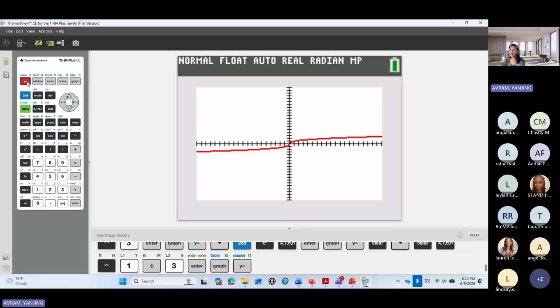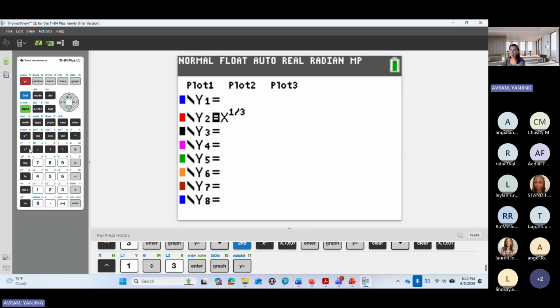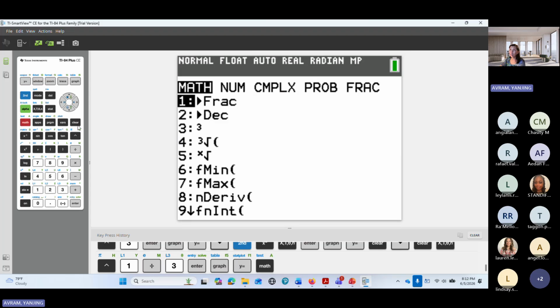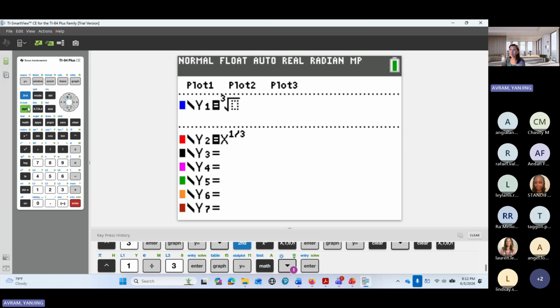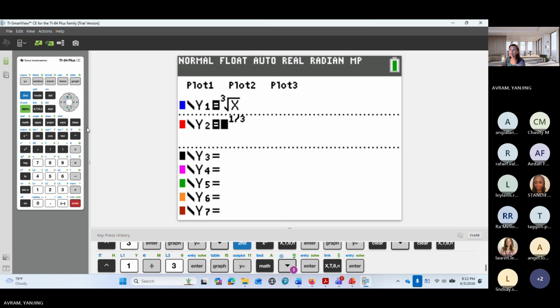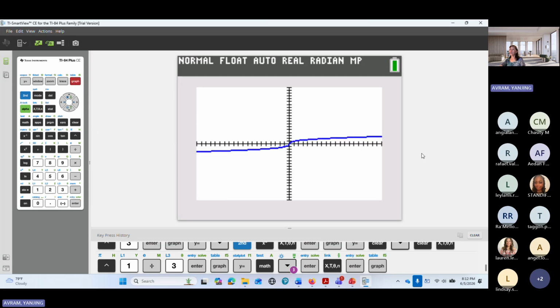Or you can go to math and find the cube root there. So that's the cube root of x. They are the same, so if you don't want to go find that, you can just type the 1/3 power. The cube root of x is the same thing.